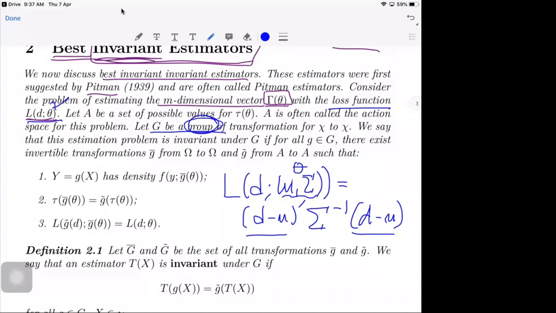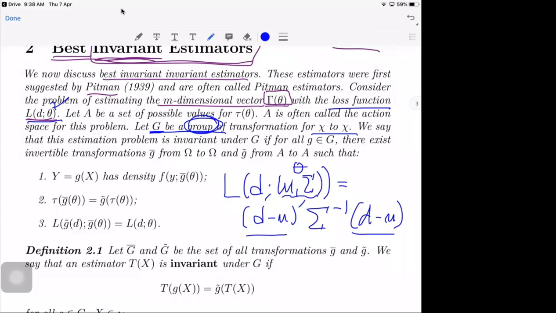Now, there are conditions for G to be a group of transformations. If you look at chapter 1, when will a set G of functions be considered a group?